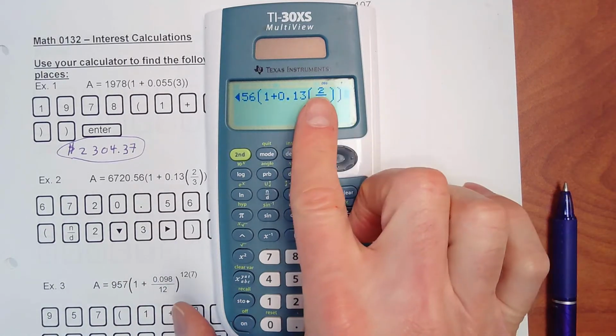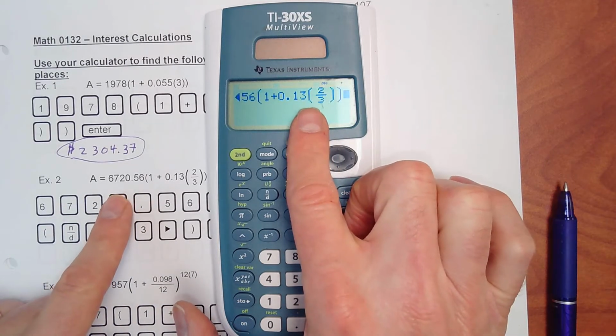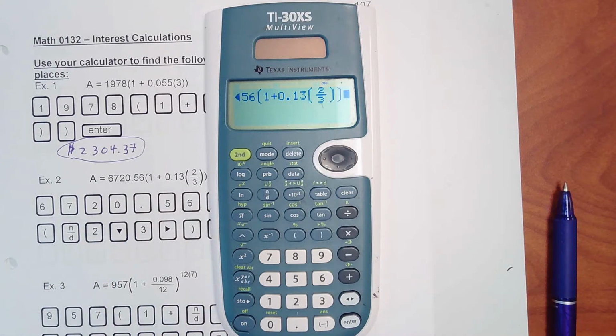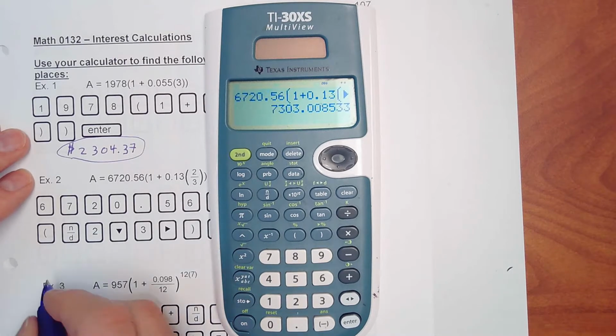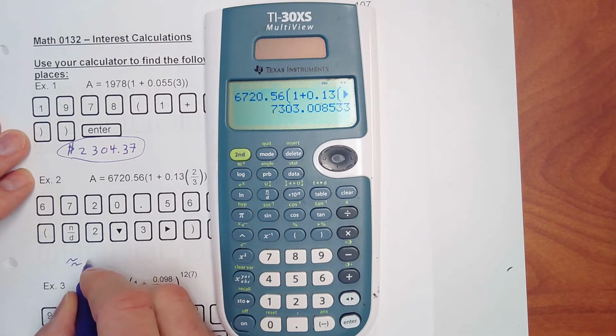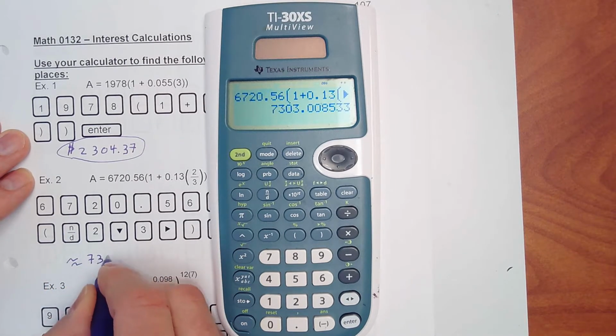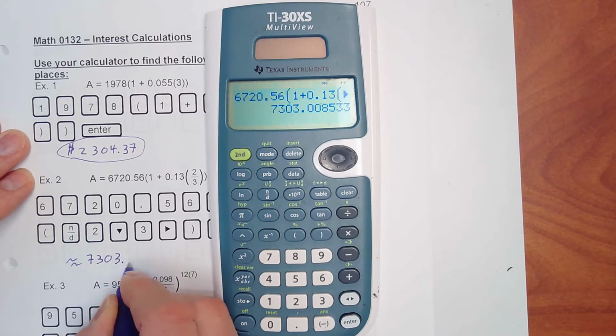Always double check to make sure that you've got on your calculator exactly what's on your paper. Hit enter. And so our answer here looks like $7,303.01.